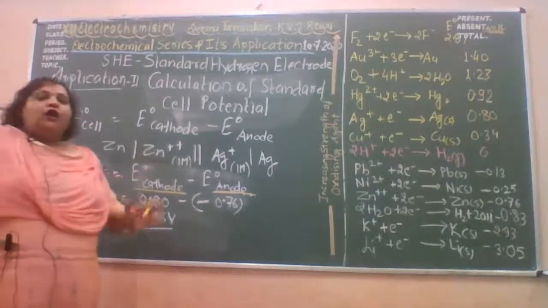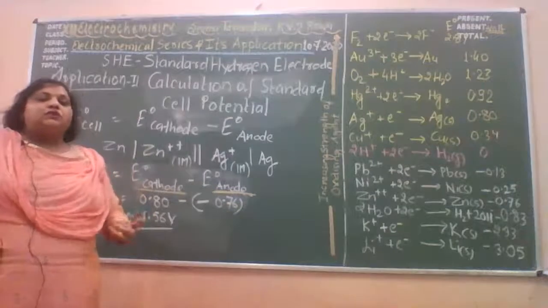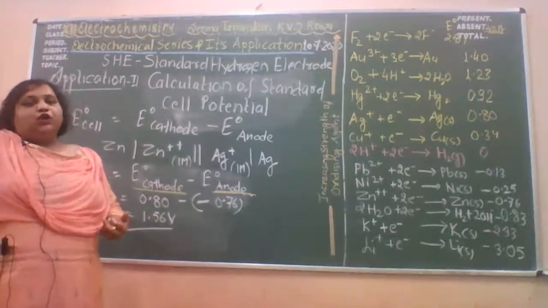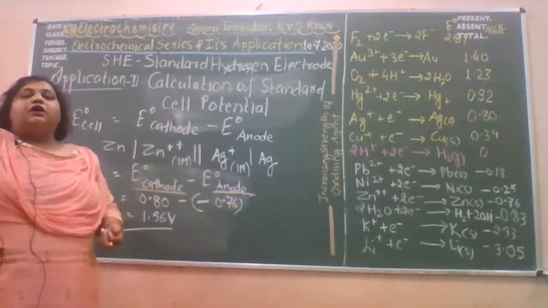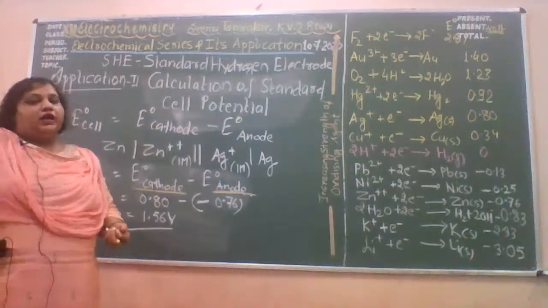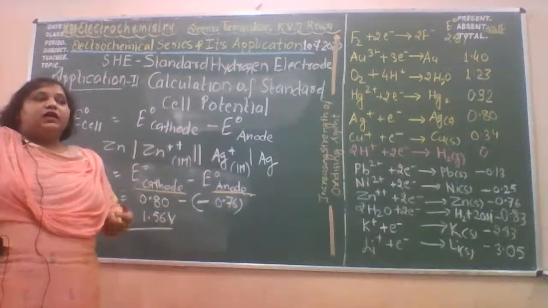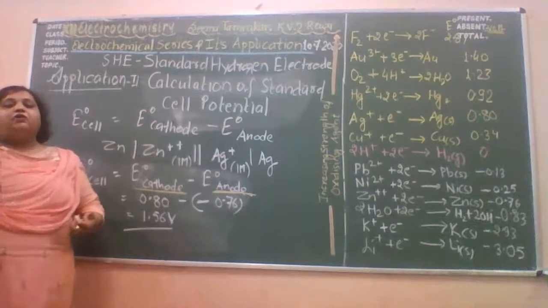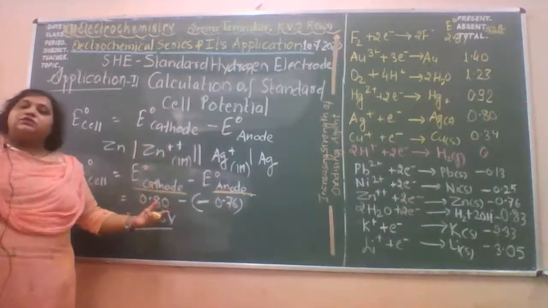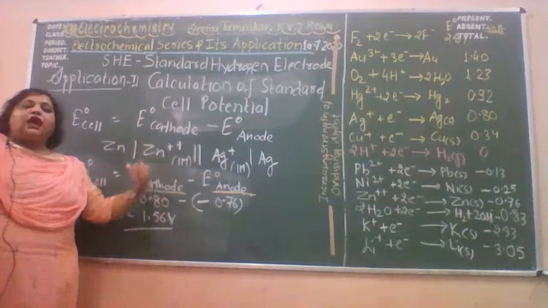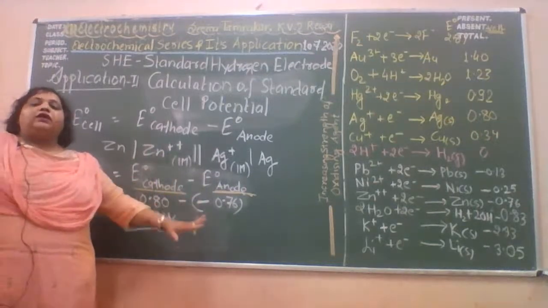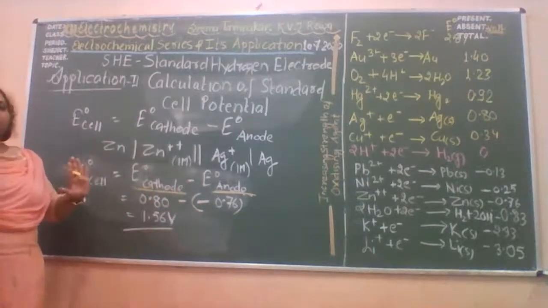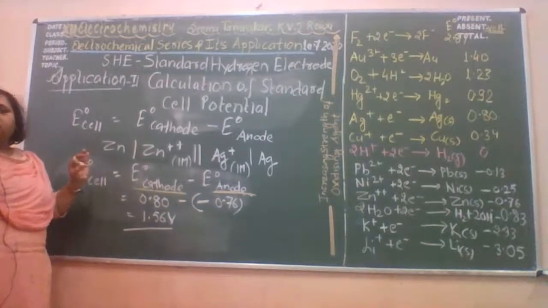I think you all have got this, and I just want to request all of you, dear students, please do the questions given in the NCERT book as well as from any other reference. In NEET and other exams, JEE Mains and Advanced, these types of questions are always asked: identify the anode and cathode with the values. So what is the key concept you have learned here?